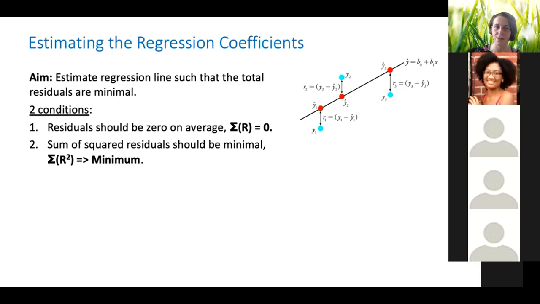These are the conditions for finding a solution for our parameters to estimate the slope and the intercept. That is also known as least squares regression, or the ordinary least squares regression. You will probably read that quite frequently in other textbooks or on the internet: it's OLS regression. So if you ever see OLS, the ordinary least squares regression, that is basically what we are talking about, our standard model.